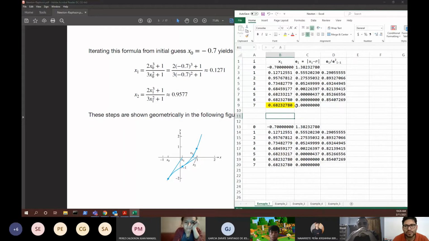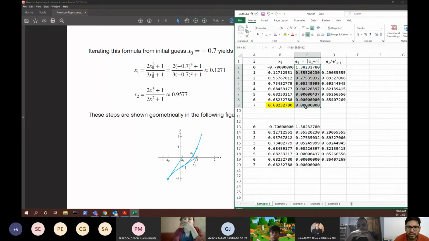So that's the solution. So what do I do here? This is something that I'm going to discuss later. But in general, if I see that this is a value that has good convergence, I would assume that this is the real solution. So what I do is calculate the error.